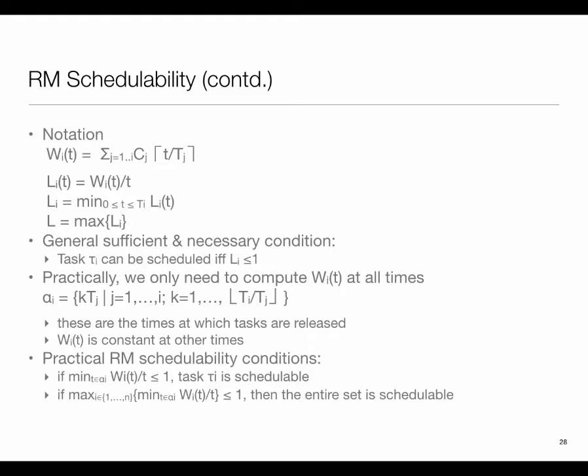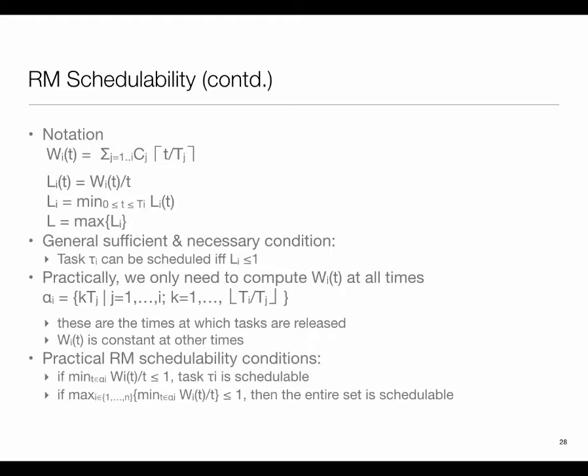So this is a necessary and sufficient condition. It says task tau i can be scheduled if and only if L sub i is less than or equal to 1, or, another way of saying it, there exists a t between 0 and the period of task i such that the work required during that t is less than t. For the whole task set to be schedulable, this last line says all tasks should be schedulable, so I have to look at the highest of these.